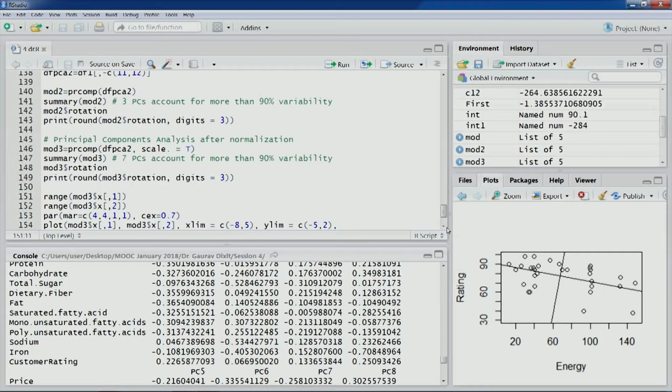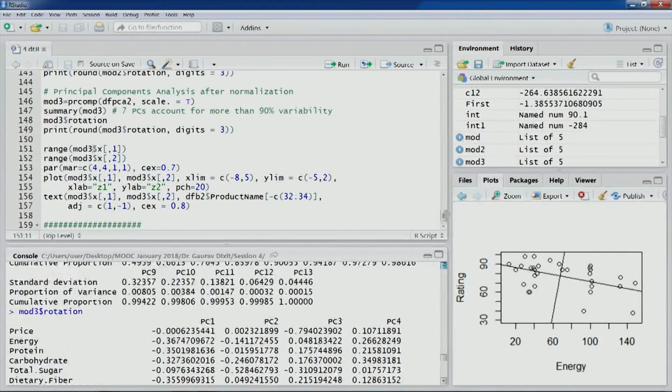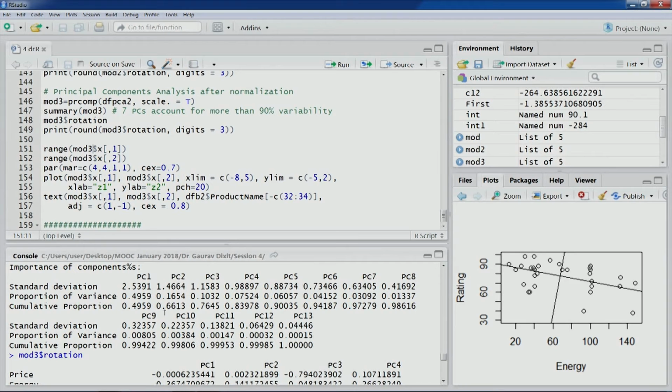Now I will plot the new dimensions that we have just computed. Let's look at principal component 1 and principal component 2. Going back to the earlier results, the proportion of variance by PC1 and PC2 is 50 and 16.5. Let's plot these two dimensions, and then we can compare with the original plotting that we had done earlier.